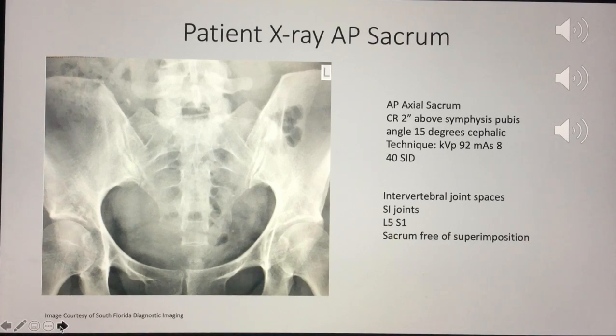You should always see the intervertebral joint spaces, the SI joints, the L5-S1, and the sacrum must be free of superimposition. You can visualize the left sacroiliac joint, how it's narrower in the superior area if you compare with the right side.